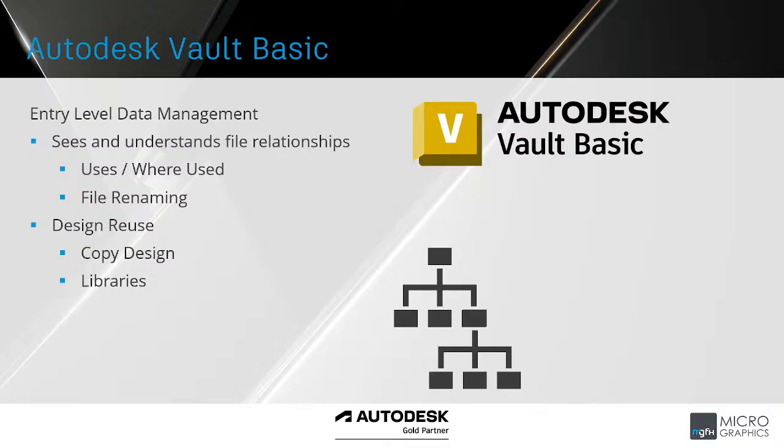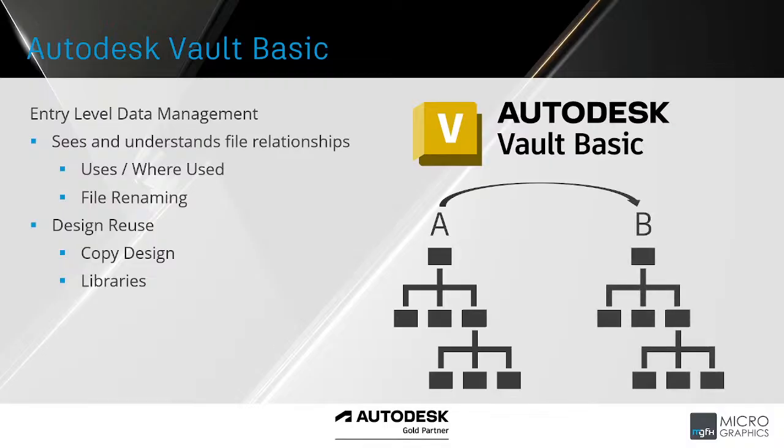And so we have this design reuse where we can do the copy design, and we can also have standard libraries, out-the-box libraries, or off-the-shelf libraries that can be used within Vault. So just looking at the copy design, we can take an entire design and copy it from folder A to B and rename all the files as needed.